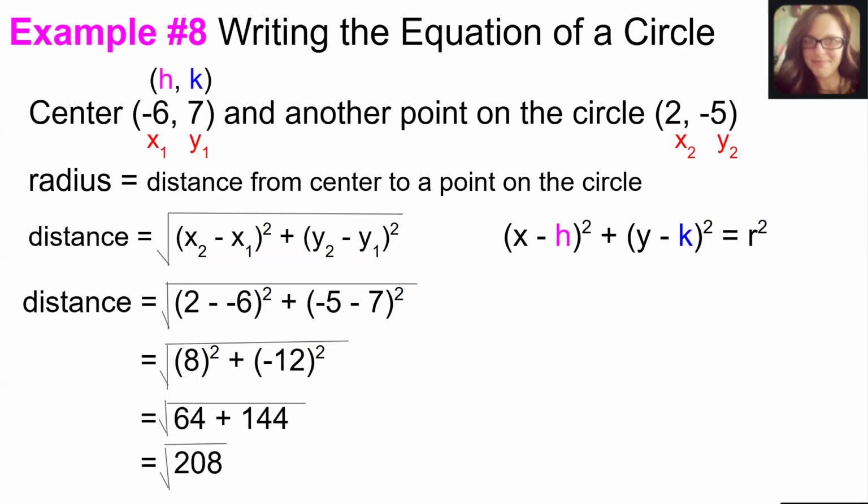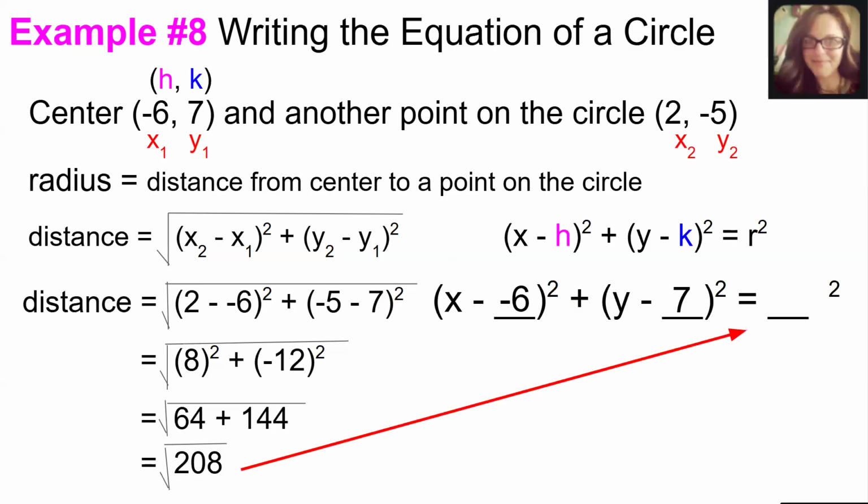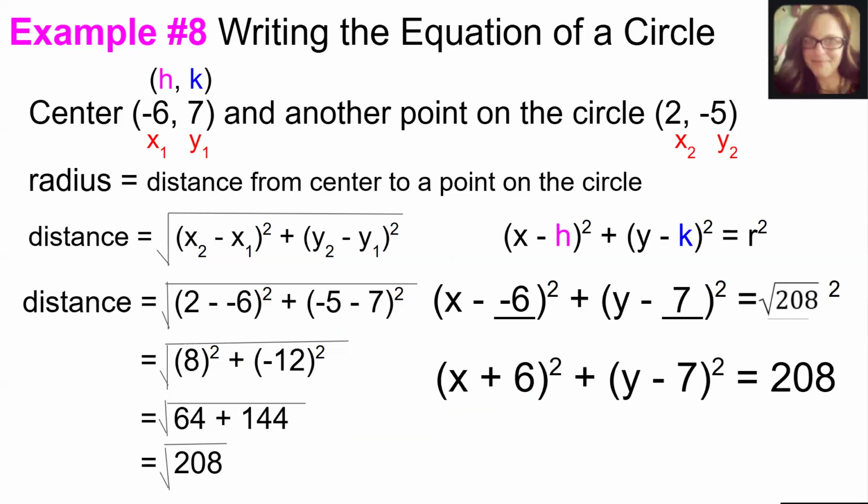H and k are the center, -6 and 7. So we'll substitute -6 in for h, 7 in for k, and then the radius, the square root of 208, is going to be squared. So we can simplify x minus -6 to x plus 6, and the square root of 208 squared is just 208. And that concludes our circles session.